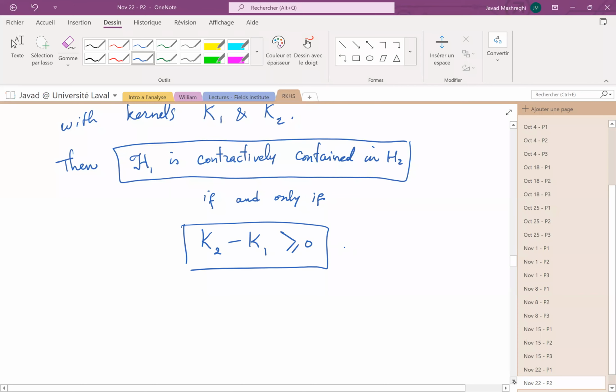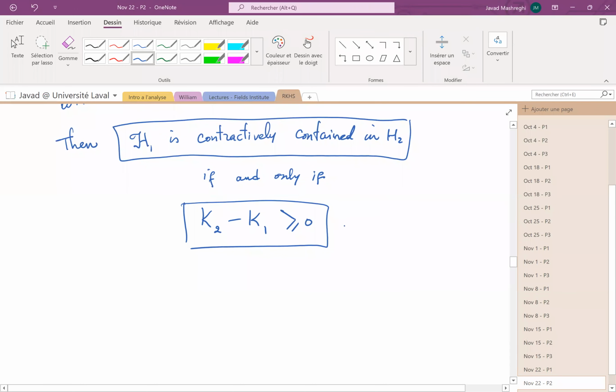It's the same as K1 is less than or equal to K2, but it's more practical to write it that way.